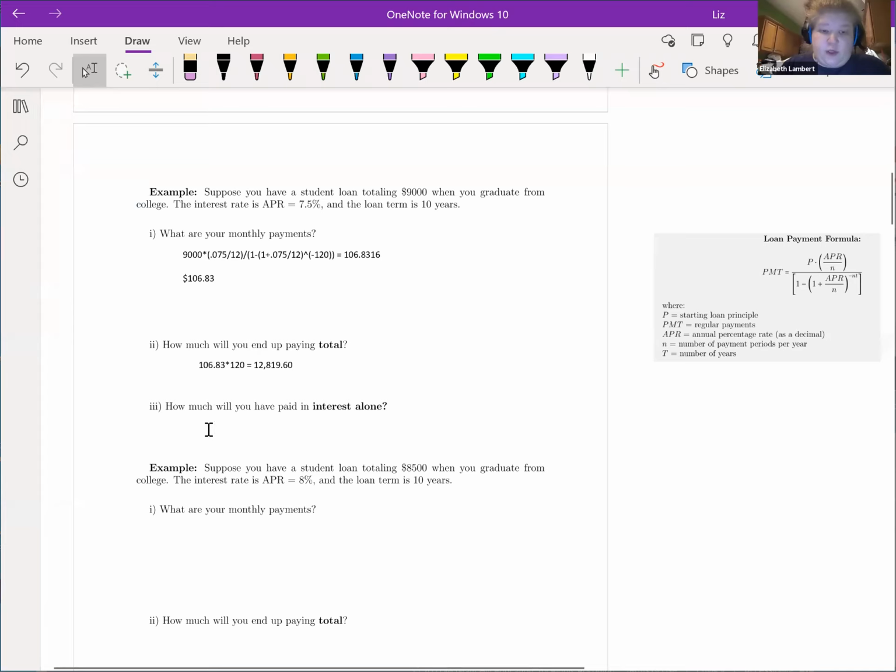And then how much will you have paid in interest alone? I'm going to subtract off the 9K, and that is $3,819.60. So that is more than a third of the amount you borrowed that you end up paying extra.